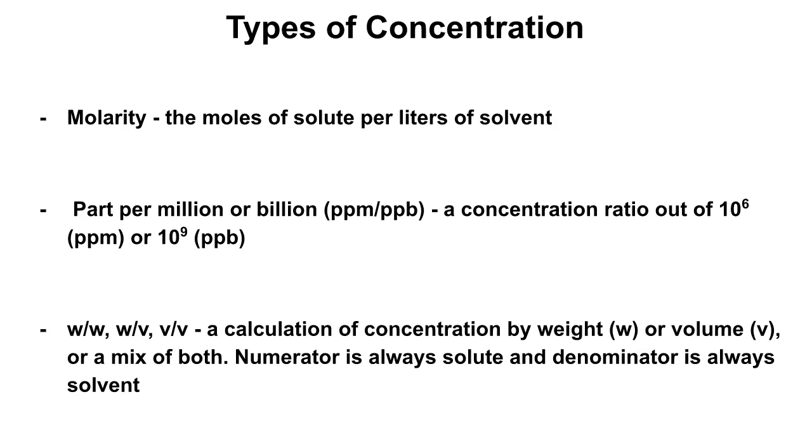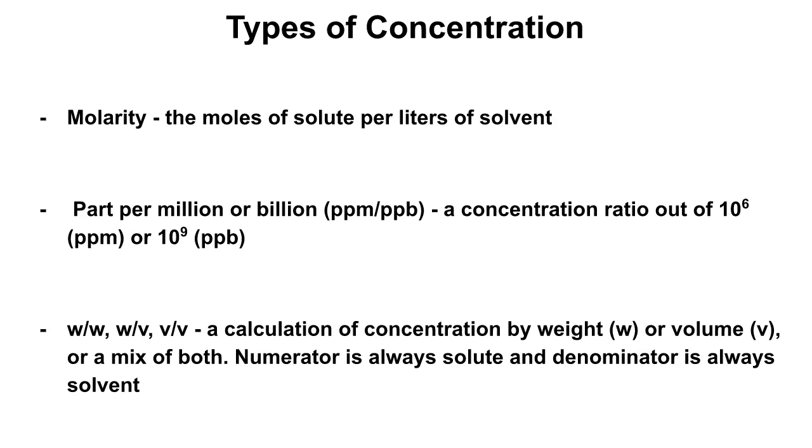Now, the 10 to the 6th and 10 to the 9th, if you take that out and use it as an exponential multiplier, 10 to the 6th comes out to a million, and 10 to the 9th comes out to a billion. So to give you a general example, if you have grams, going to milligrams would be a 10 to the 3rd, and then going to micrograms would be 10 to the 6th.